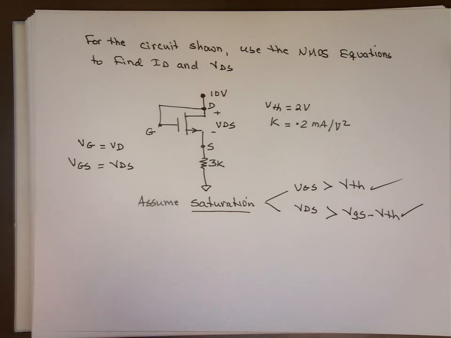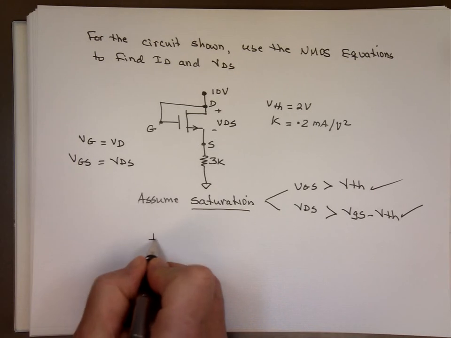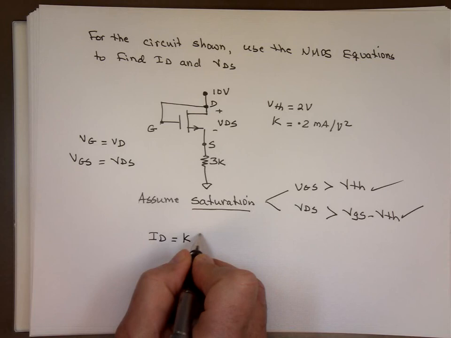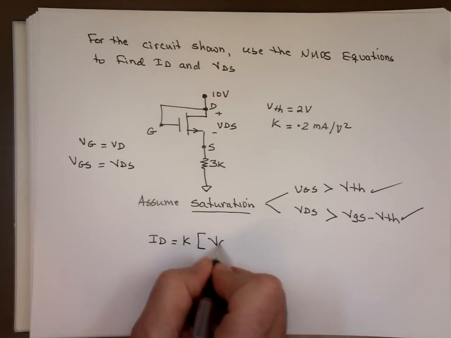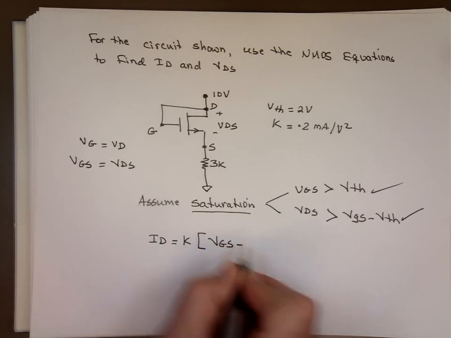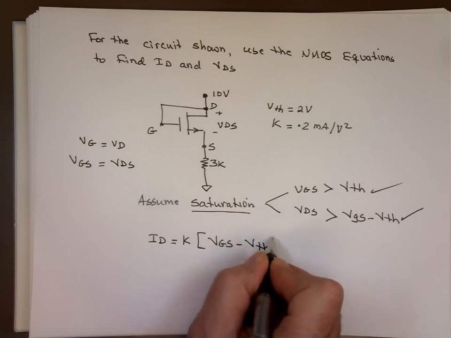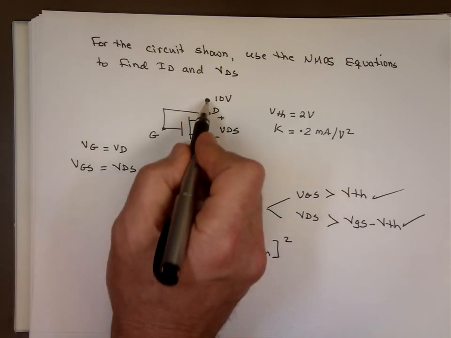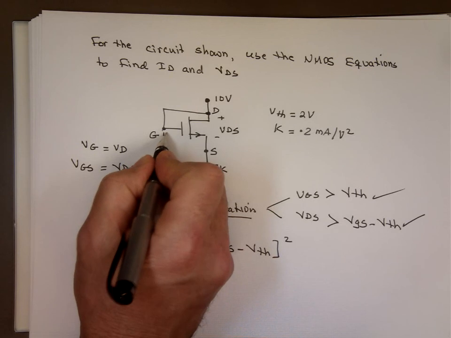Now I'm going to find I sub D. When you're in saturation, I sub D is equal to what? K times VGS minus the threshold voltage, squared. So if this is 10 volts up there, then this voltage here is 10 volts.